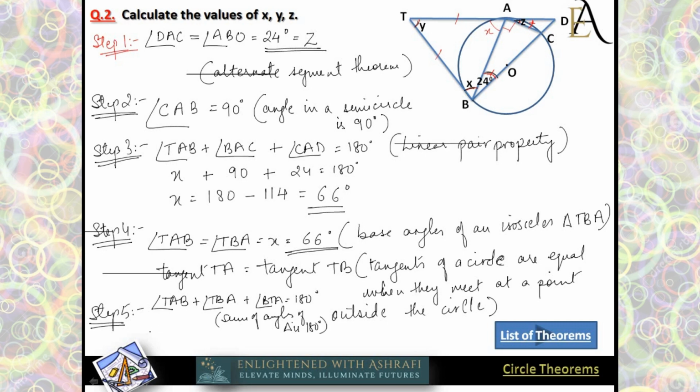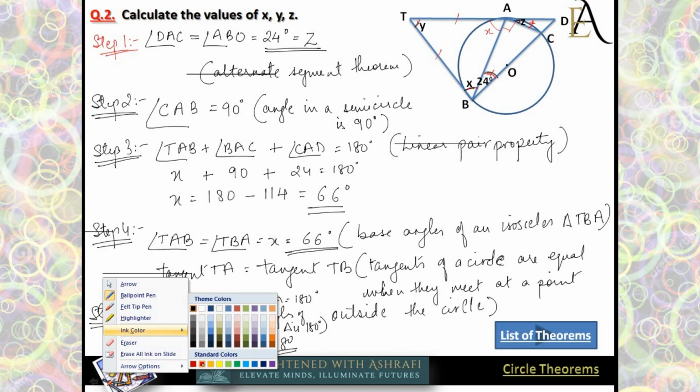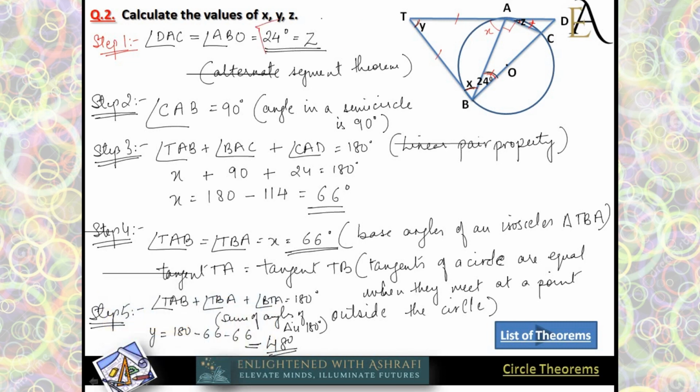So now Y is equal to 180 minus 66 minus 66, which gives me 48 degrees. So I get Z 24, Y 48 and X 66.